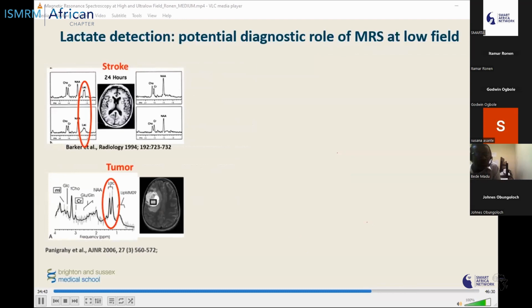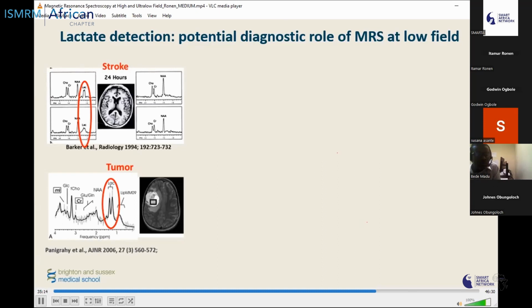There are many reasons why I chose lactate as a target, but one of the main reasons is that lactate is a molecule that in the healthy brain is at very low concentration, but in the diseased brain, the concentration of lactate increases quite dramatically. And here are two examples. One is in stroke, where you can see the presence of lactate at 1.3 ppm, where you don't see it in healthy parts.